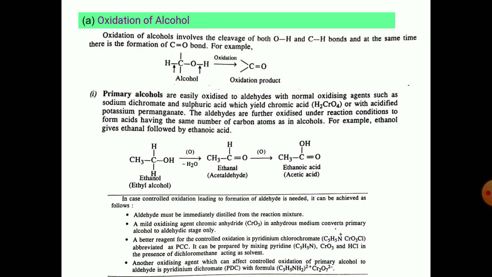Another oxidizing agent which can effect controlled oxidation of a primary alcohol to aldehyde is pyridinium dichromate with formula (C5H5NH)2 Cr2O7.